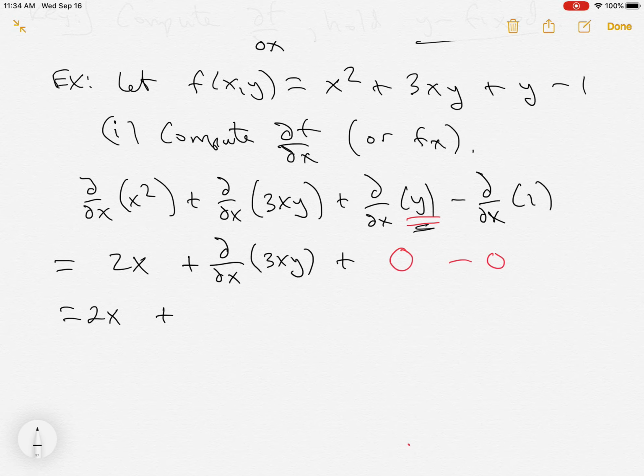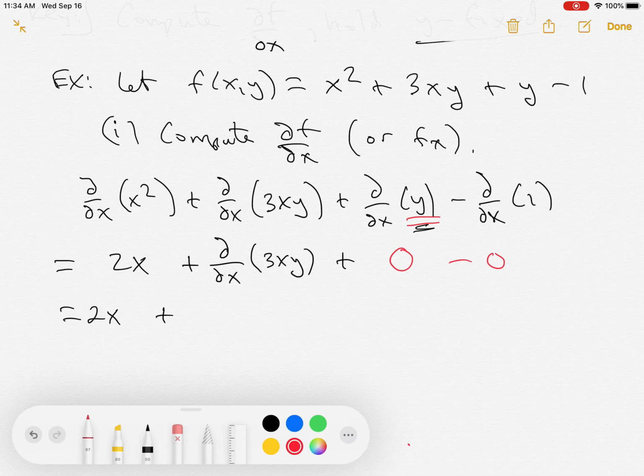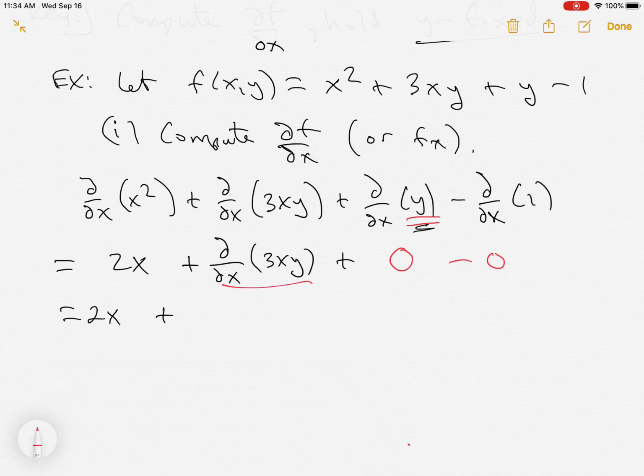So now we're going to deal with this fella. Just like before, the 3 comes out front, and I need to use the product rule. So I fix y and take the derivative with respect to x of x, so that's y times 1. And then I fix x and take the derivative with respect to x of y, which is 0.